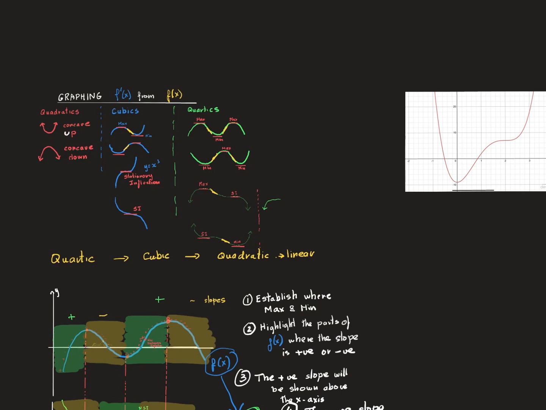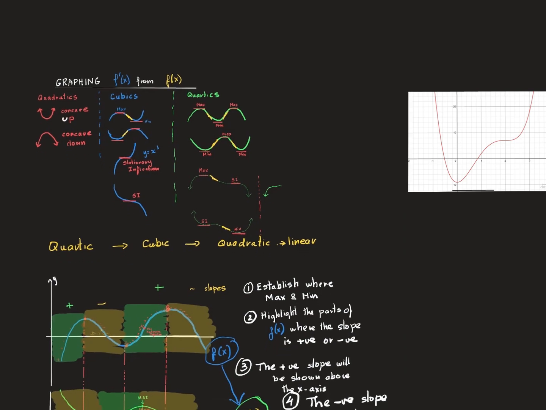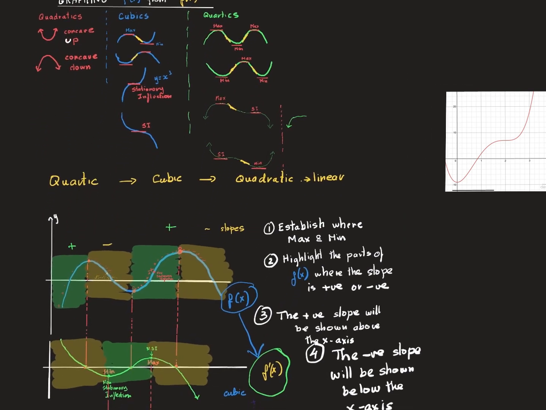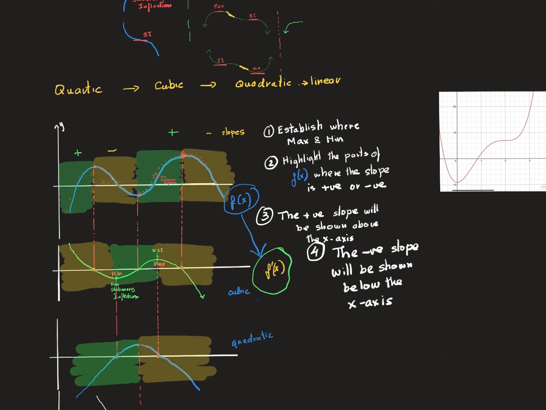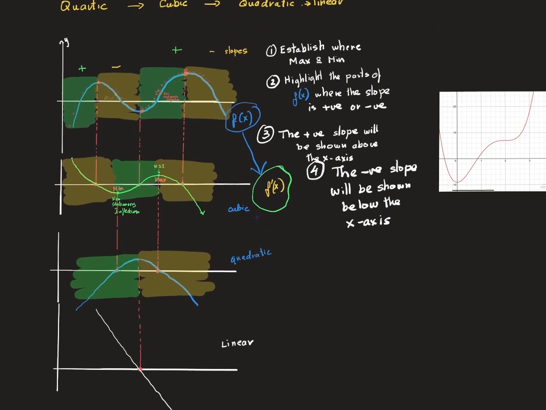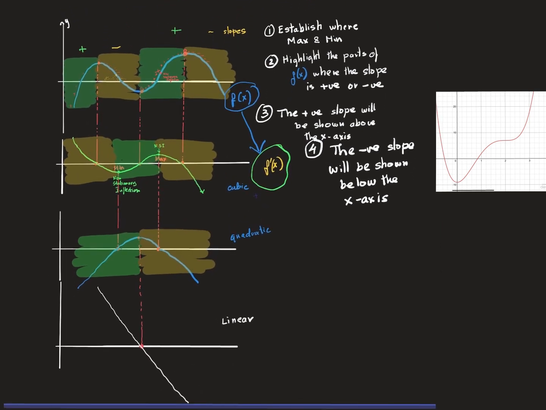In the last video, I grouped all the graphs into quadratics, cubics, and quartics. And then I decided that I would use this particular quartic and show you how to graph each derivative from that particular function.